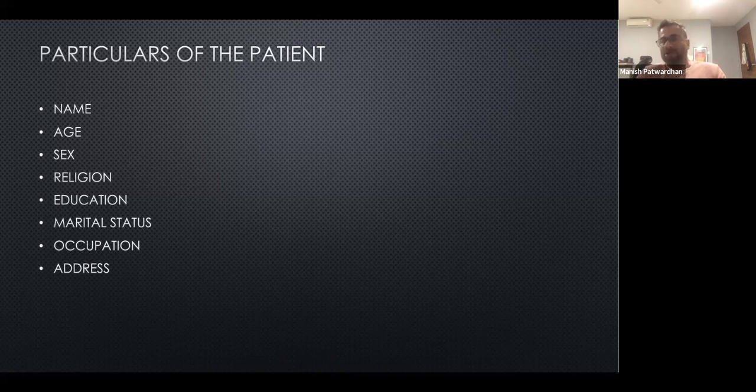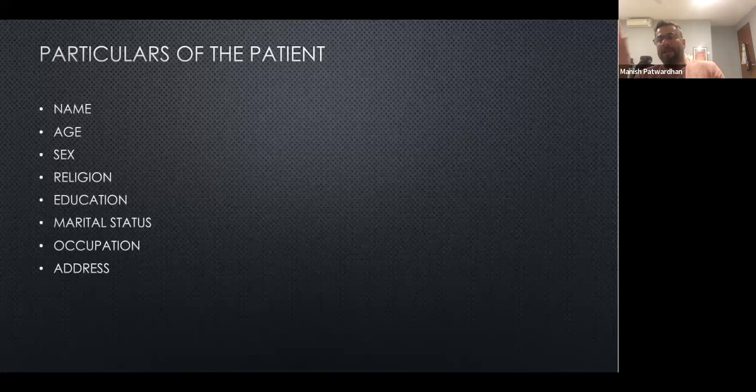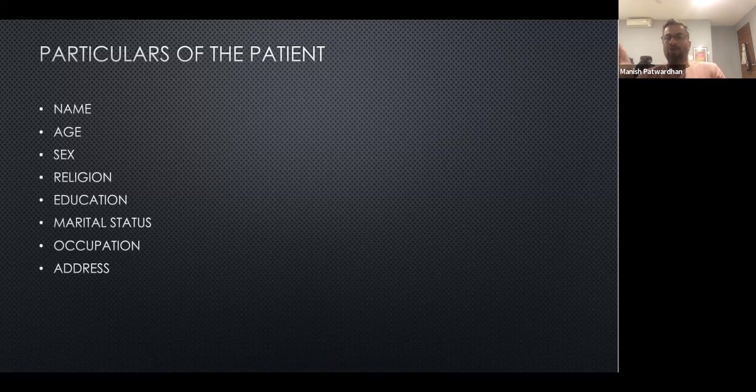So occupation knowledge will play a role in your understanding of pathology, also in the suggestions and the treatment to be given. Your occupation knowledge will play an important role.